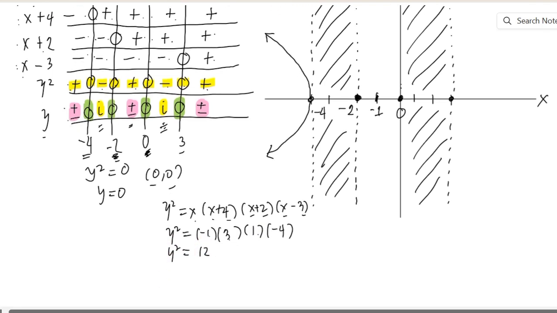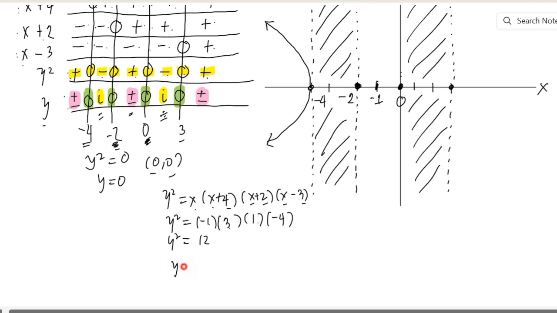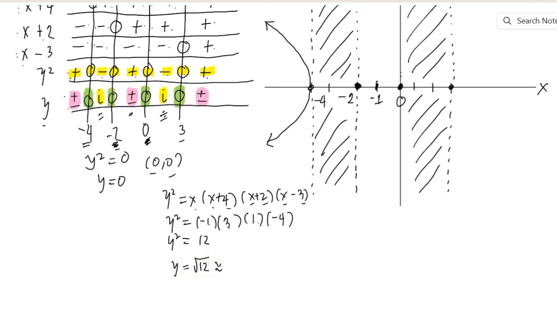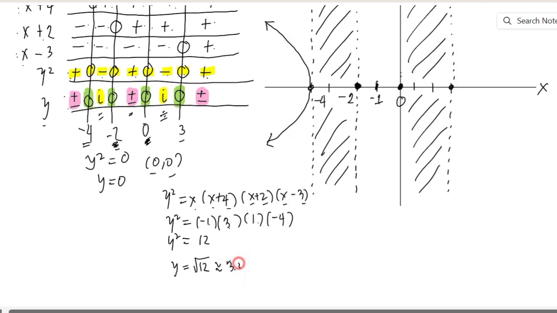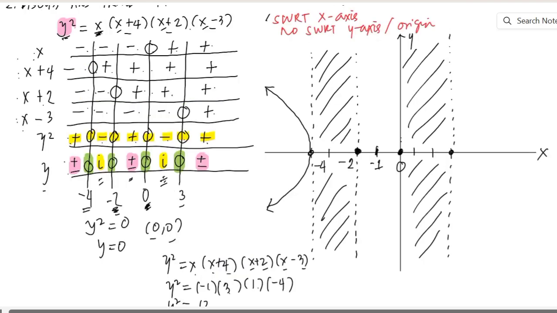So taking the square root of 12, that is approximately 3.46. So since that is 3.46, while this 0 to the center is just 1 unit, this would be elliptical.